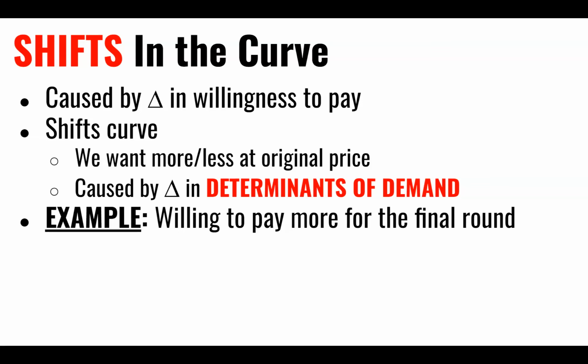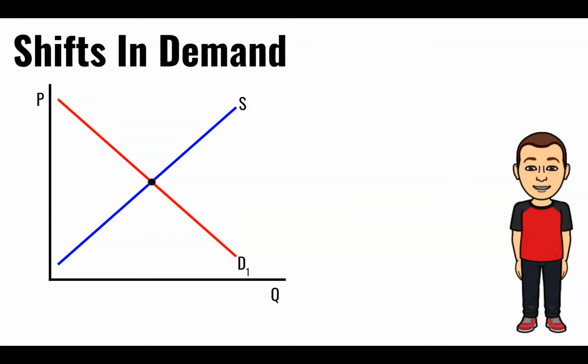So shifts in the demand curve are caused by a change in the willingness to pay for the good or service. When we want more of a good or less of a good at the original price, then we say there is a shift, and that is caused by a change in what are known as the determinants of demand. And we have a mnemonic that we'll look at in just a minute. But again, to look at this for a second graphically, what we're saying is I am willing to buy more goods at the original price.